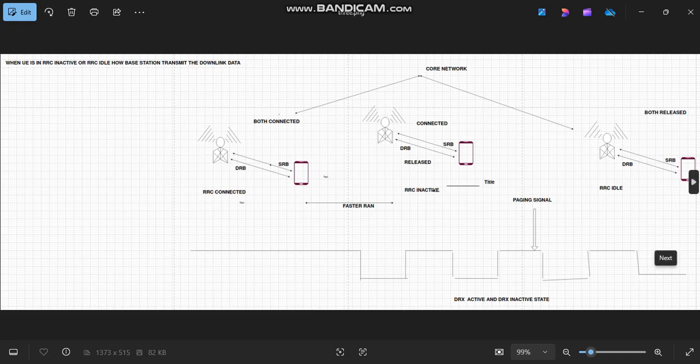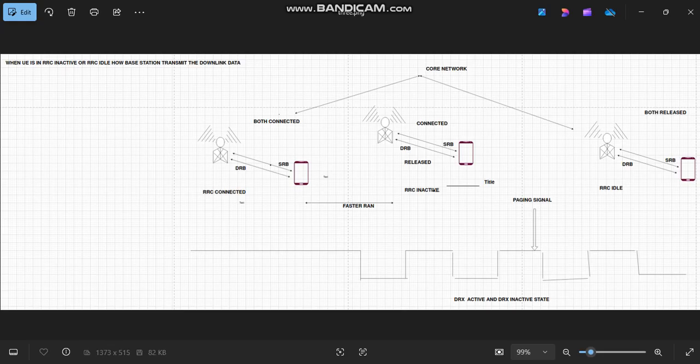This is a higher level concept, where in RRC inactive and RRC idle, means the UE is not connected to the base station, but still the UE has to wake up and sleep in a periodic state, so that if at all the base station has to send the downlink data, it should be in the state of receiving the paging signal. So this concept is DRX active and DRX inactive state, means discontinuous reception.